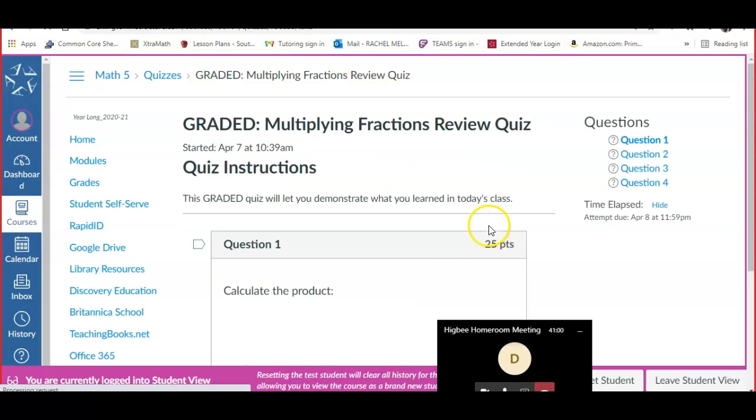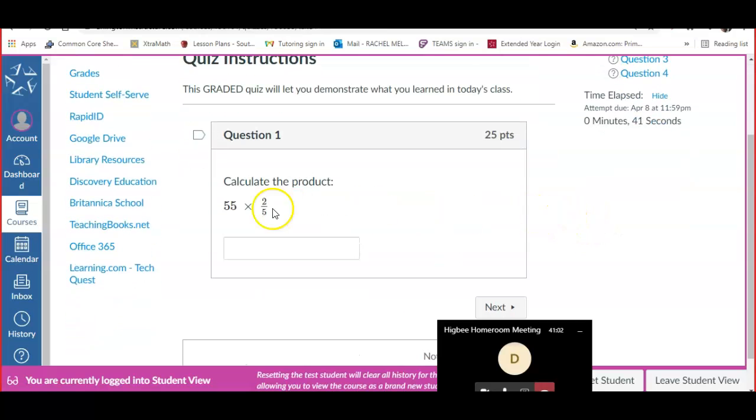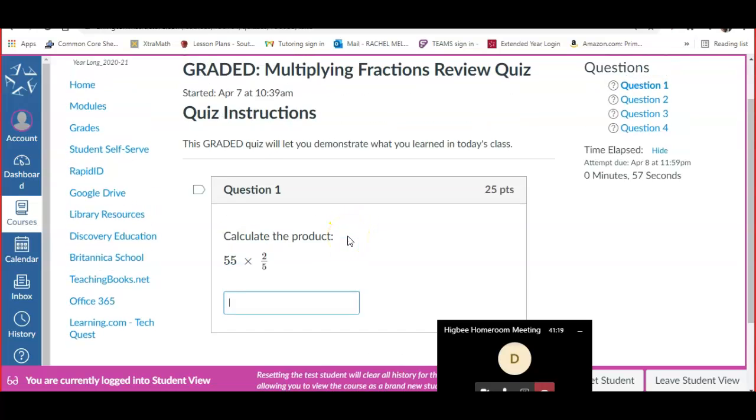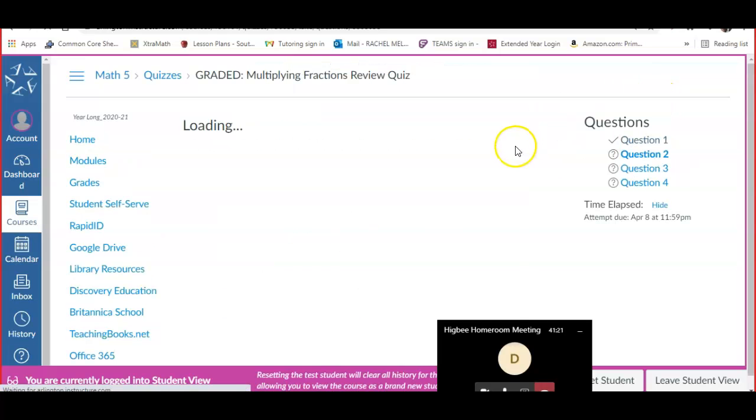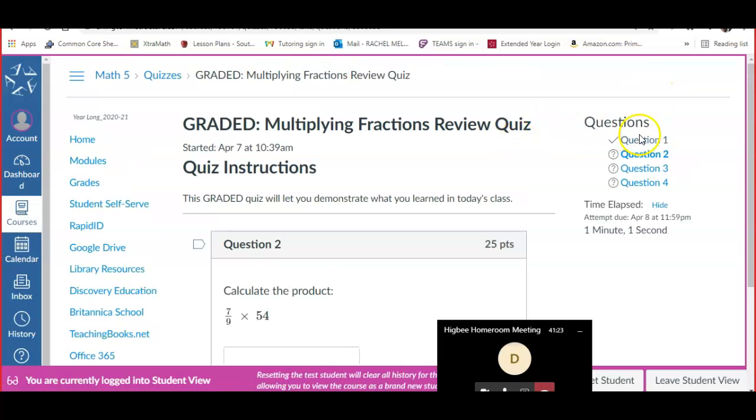All right, so there are 4 questions. So you're going to calculate the product. Okay, when you go in here to do this, let's say the answer is 24 or 34. It's a whole number. That's easy. In fact, I believe I may have even set it up that questions 1 and 2, the answers are whole numbers.